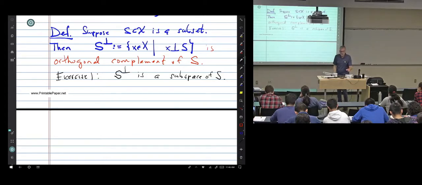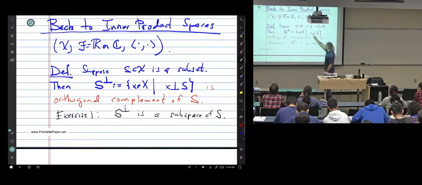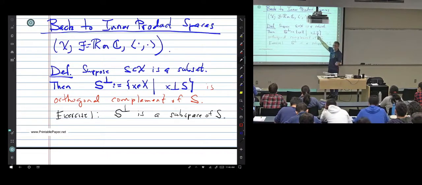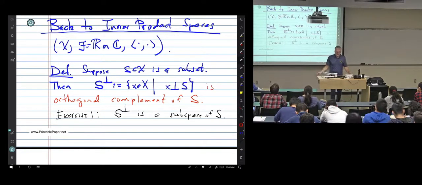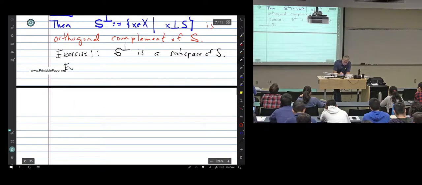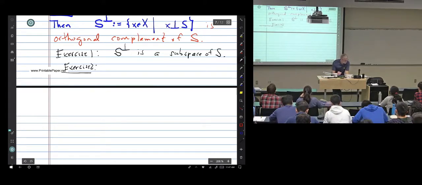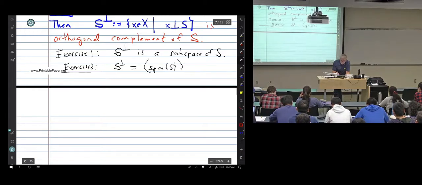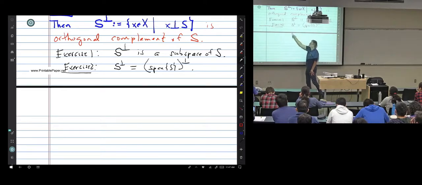So it contains 0, that's clear. 0 is orthogonal to everything. So the orthogonal complement is everything that's orthogonal to it. And this one is good practice. S perp is equal to, if I take the span of S and I take its orthogonal complement, I get the same thing as if I just took the orthogonal complement of S.